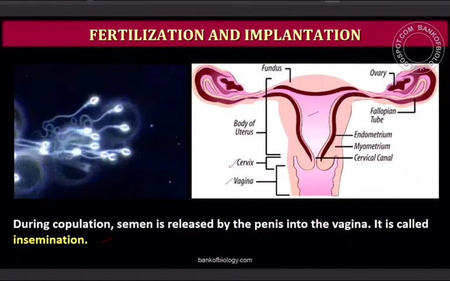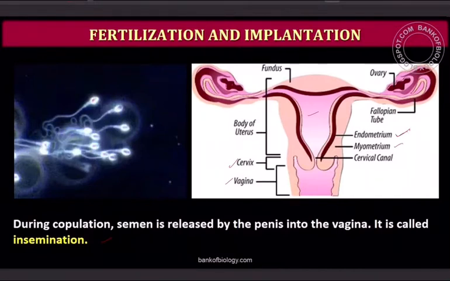So basically the female tract consists of a canal, vagina, and then up there is a cervix, and then there is a bag-like structure called uterus. It is this uterus which will play a crucial role in the implantation process.